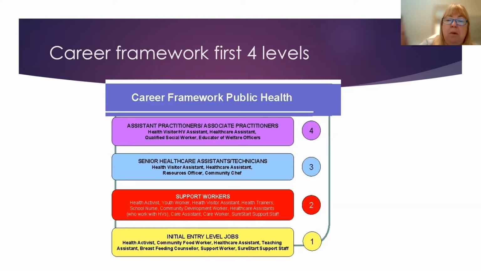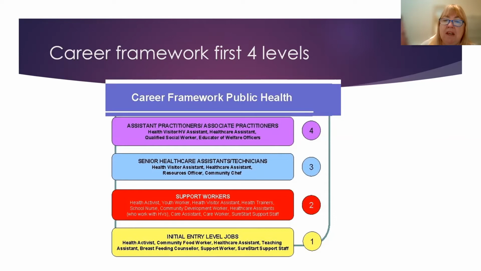So you might move on to becoming a senior healthcare assistant at level 3, an assistant to a health visitor. Health visitor usually has a degree and a nursing training. But as an assistant, you often need level 3s and level 4s, and that will get you there.